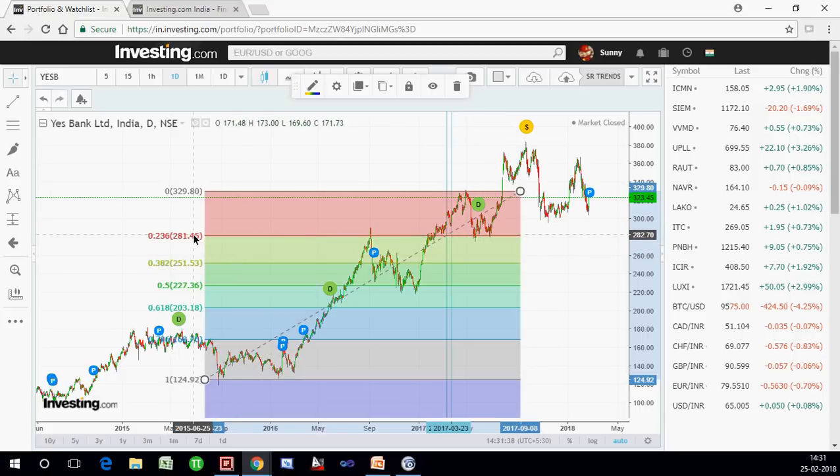Fib levels will never give you an exact price point, 281.45. Never does it happen. All the support resistance levels, there is never a particular price. There is a range. So anyways, if 281.45 is coming as a fib level, I will consider it as 281.45 minus the ATR, which is your average true range, so that I have a zone.